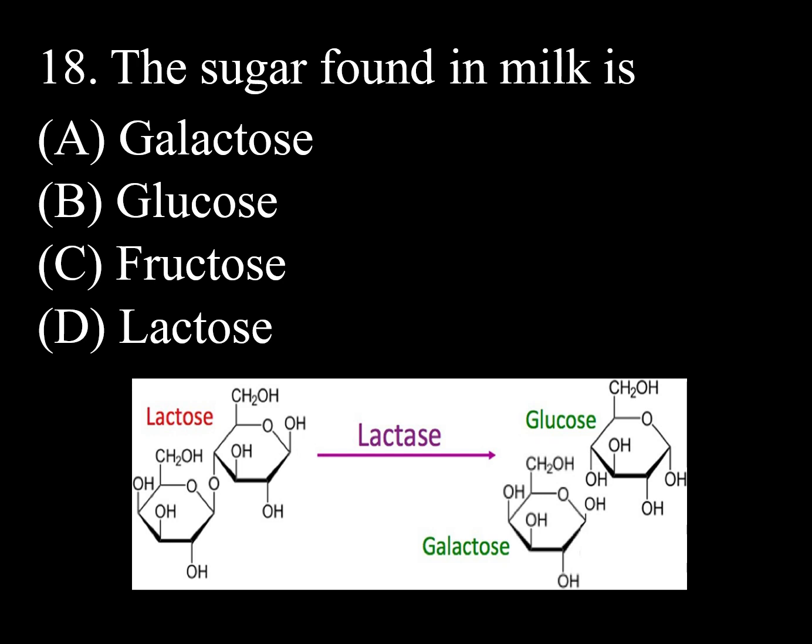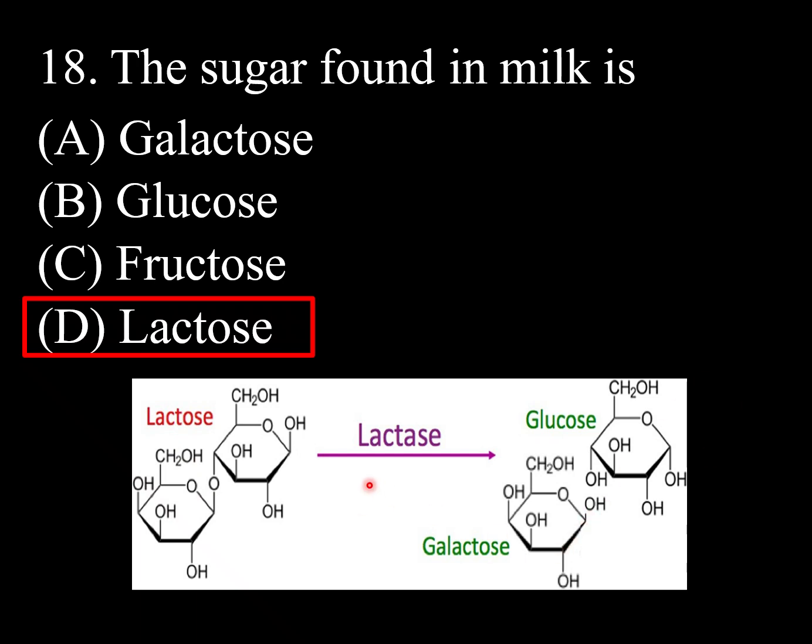Question number 18. The sugar found in milk: Option A, galactose, B, glucose, C, fructose, D, lactose. The right option is lactose. If you see here in this structure, lactose is made up of one glucose and one galactose. In the body, the lactase enzyme is present, which hydrolyzes lactose into glucose and galactose.